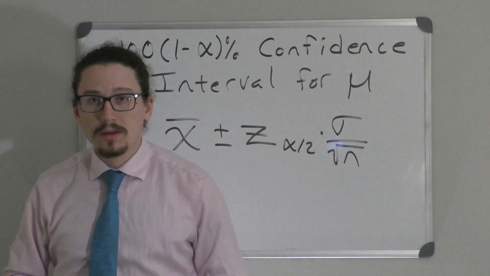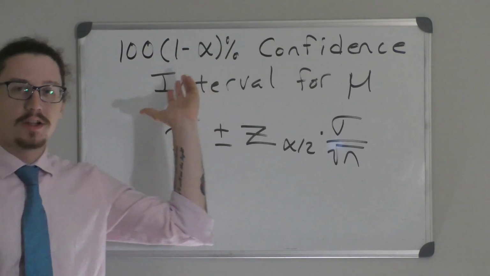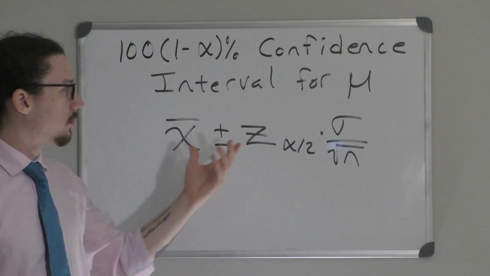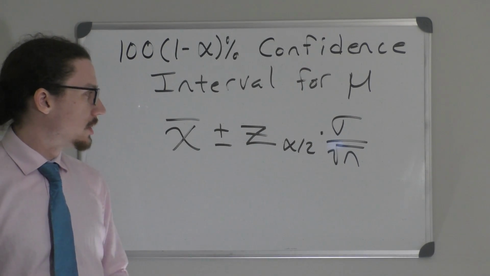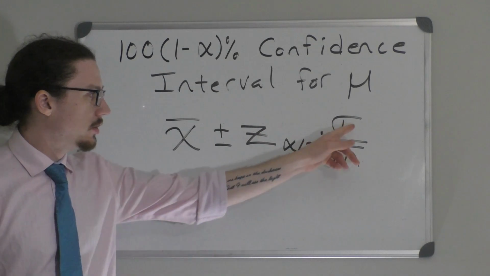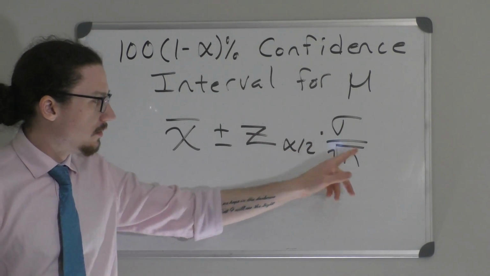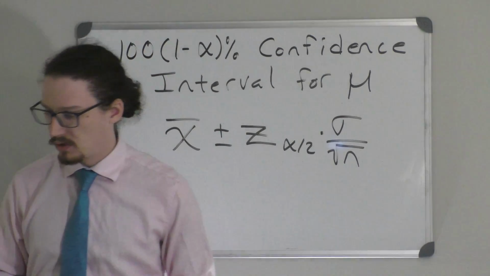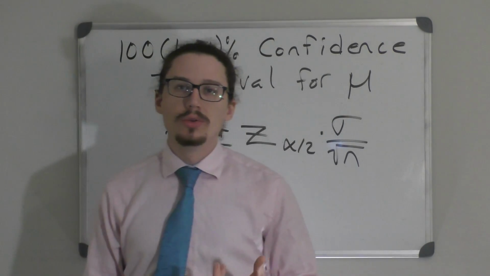So this is our confidence interval for the population mean, or more specifically, the 100 times 1 minus alpha percent confidence interval for mean: x bar plus or minus z alpha divided by 2 times sigma divided by the square root of n. So this is going to give us two values. It's going to give us this interval.